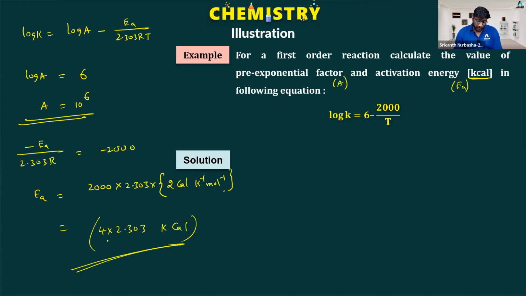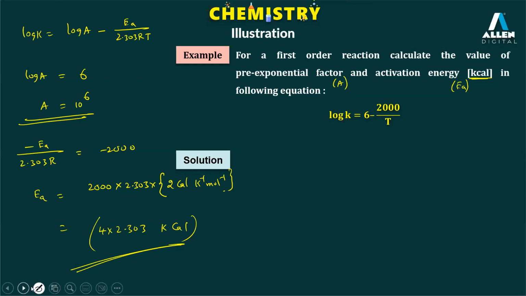So this will be your respective EA, which is 9.21, approximately 9.2.